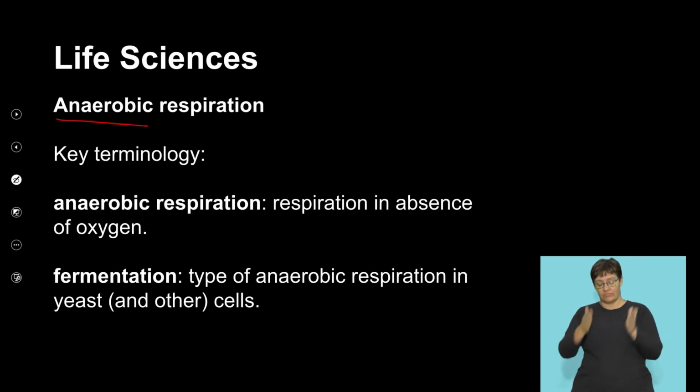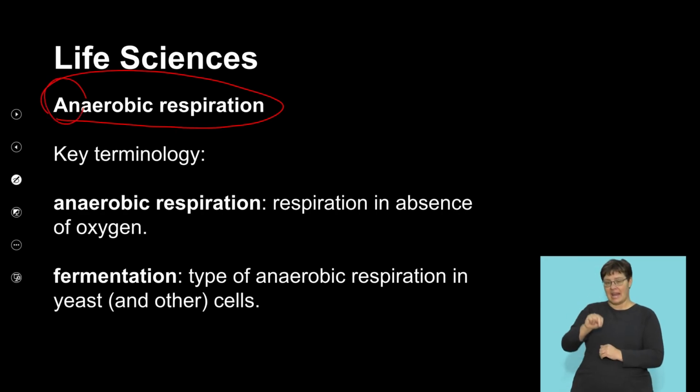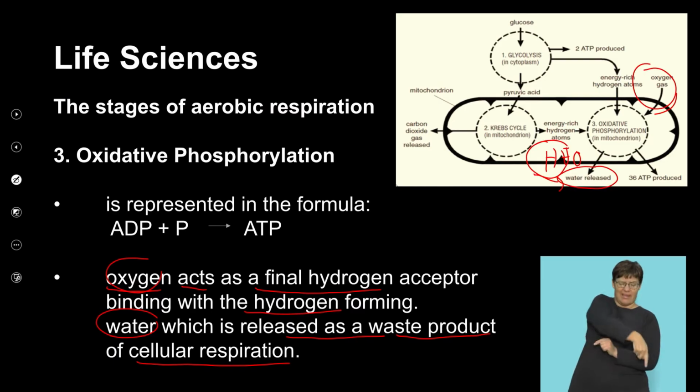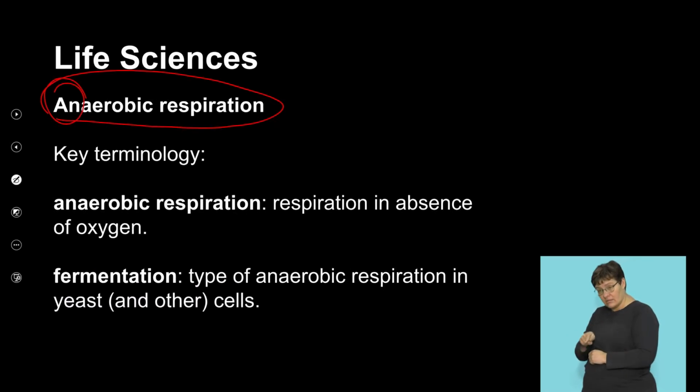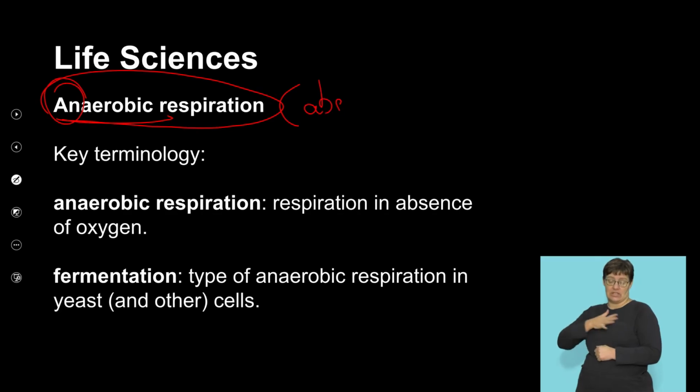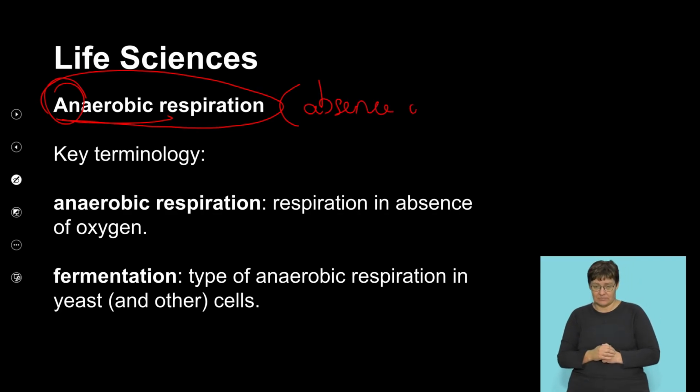The next concept that we're looking at is anaerobic respiration. If we just step back, we said that this was aerobic respiration where oxygen was needed. It's important that we now look at the difference between aerobic and anaerobic respiration. Remember that anaerobic respiration occurs in the absence of oxygen.